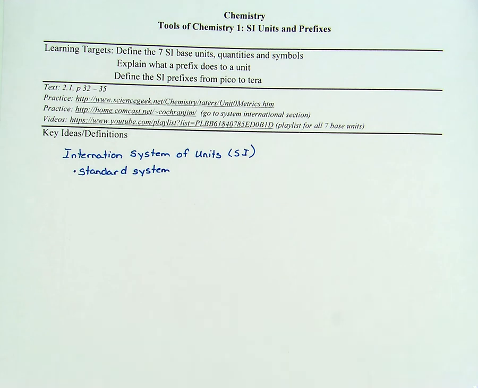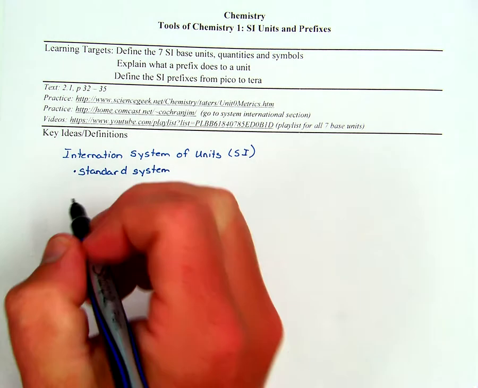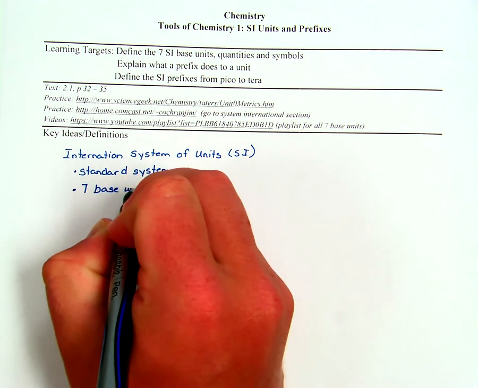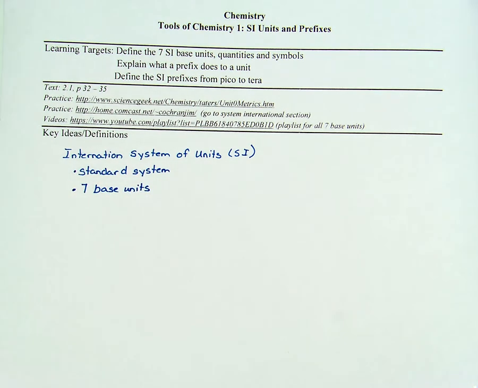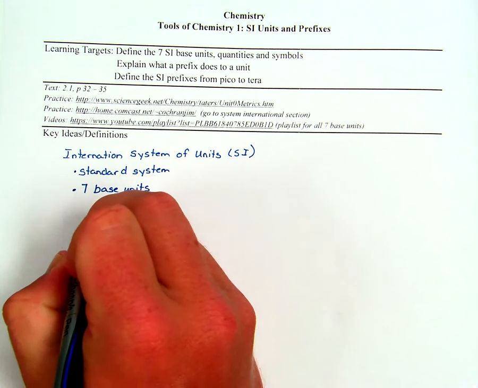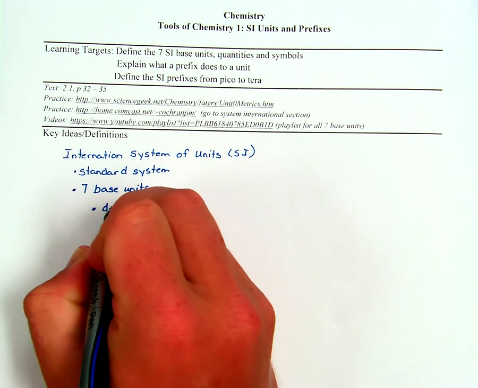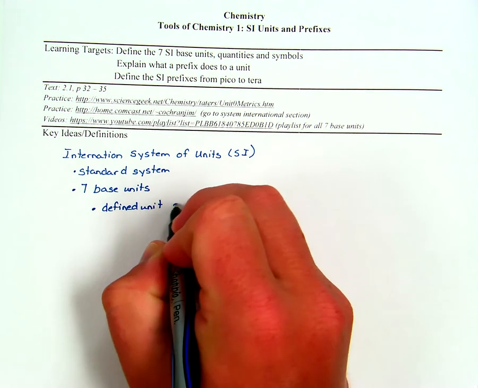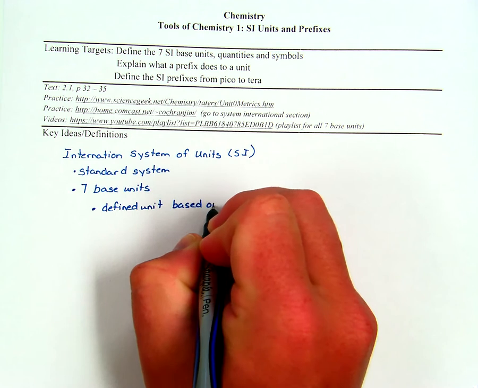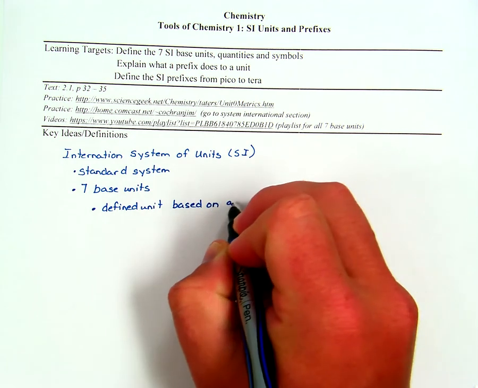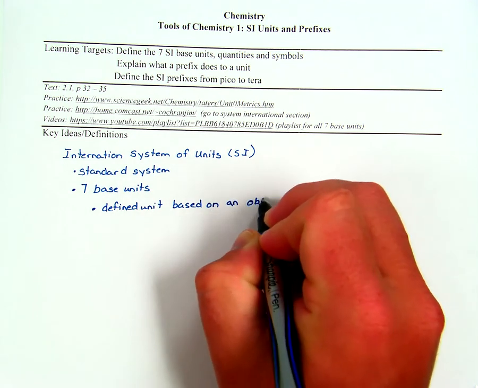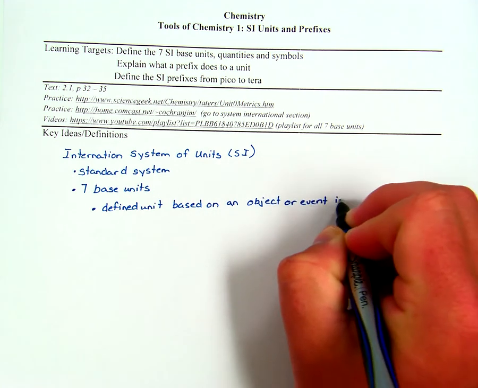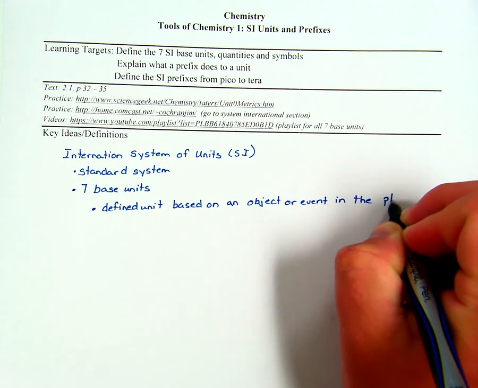In the SI system, and really the basis of all the SI system, are the 7 base units. There are 7 base units in the SI system. Base units are defined units based on an object or event in the physical world.